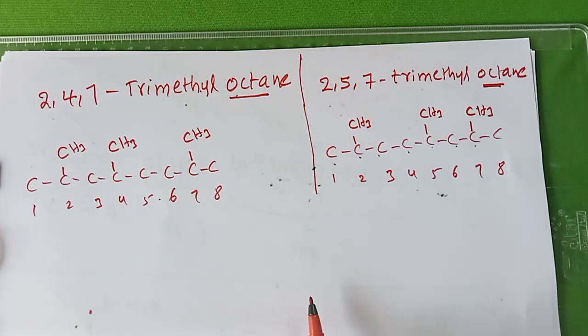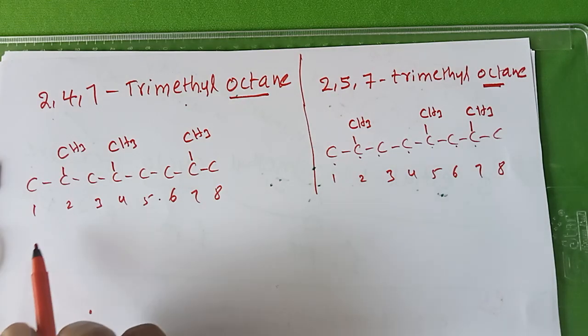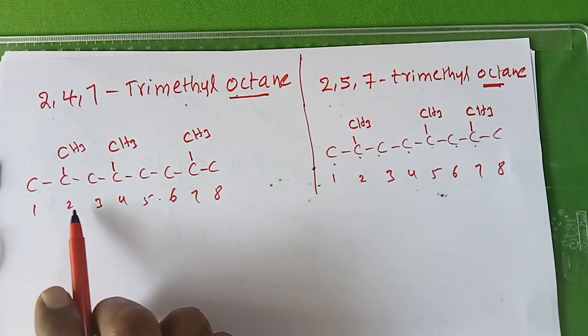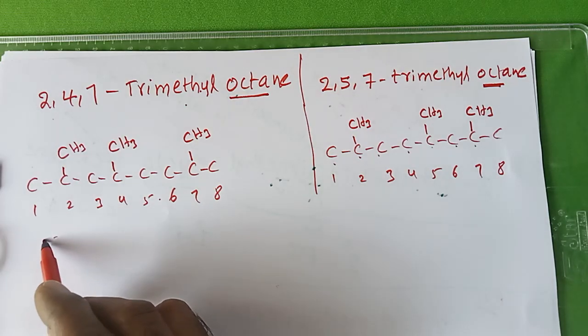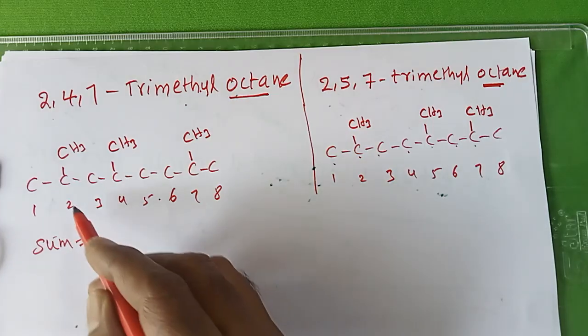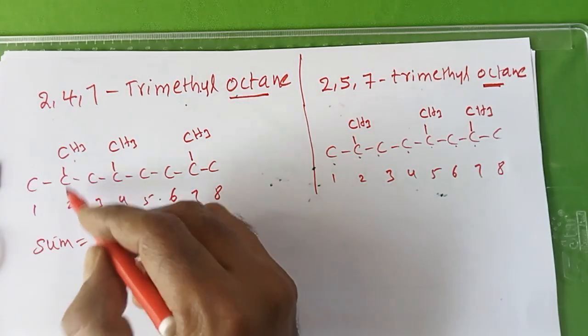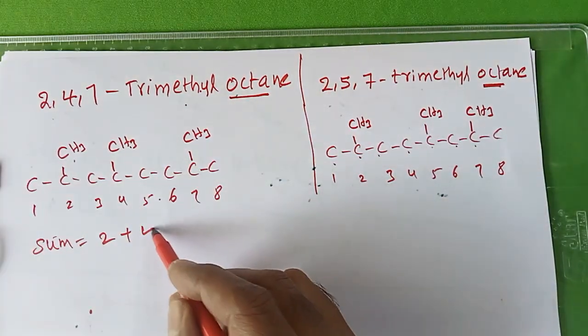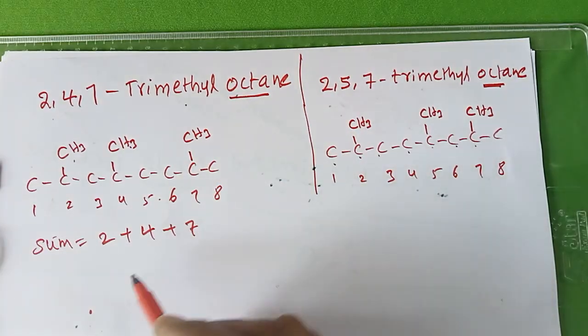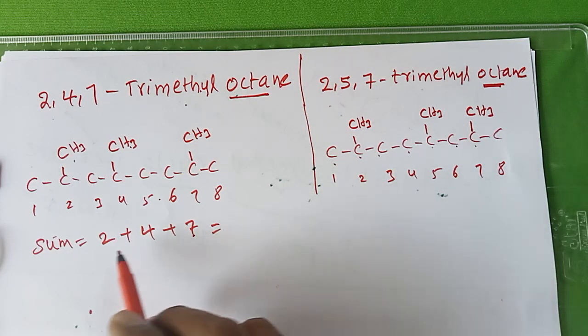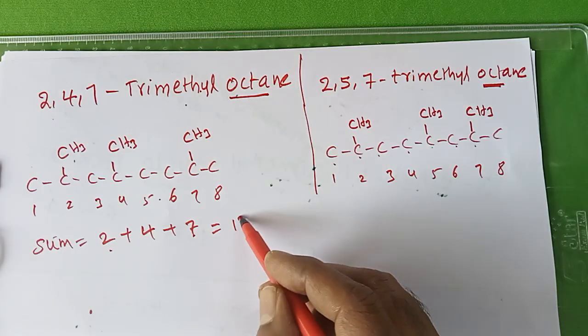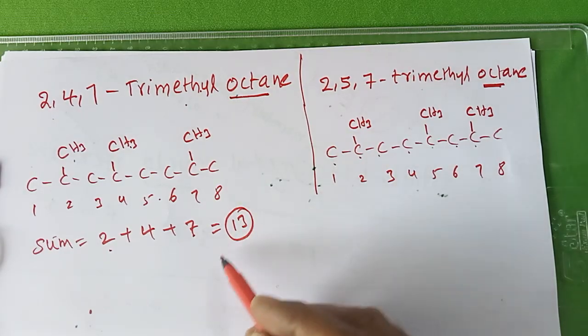Now see here. What is the sum value here? Methyl at the second carbon, the fourth carbon, the seventh carbon: 7 plus 2 is 9, plus 4 is 13. 13 is the sum.